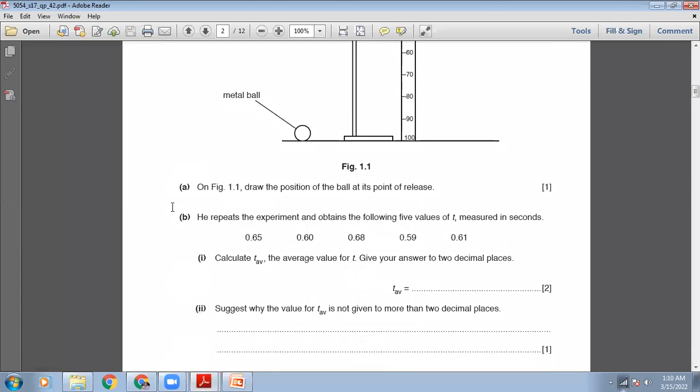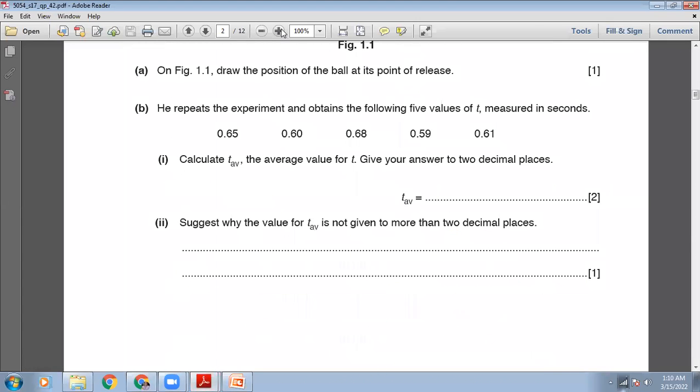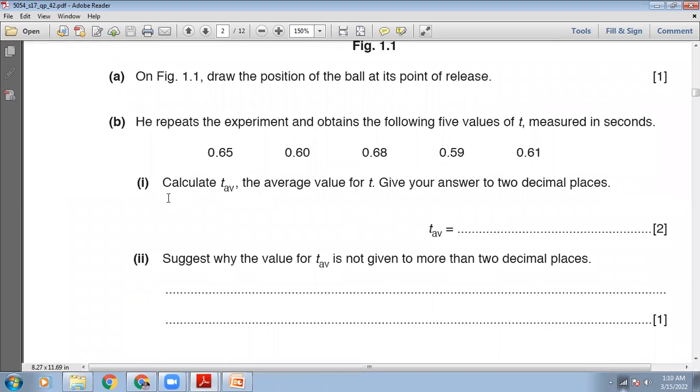Okay, so the next part is, he repeats the experiment and obtains the following 5 values of t, measured in seconds: 0.65 seconds, 0.60 seconds, 0.68 seconds, 0.59 seconds, 0.61 seconds. Calculate t average, the average value for t. Give your answer to 2 decimal places. If you want to find the t average, the method is very simple.